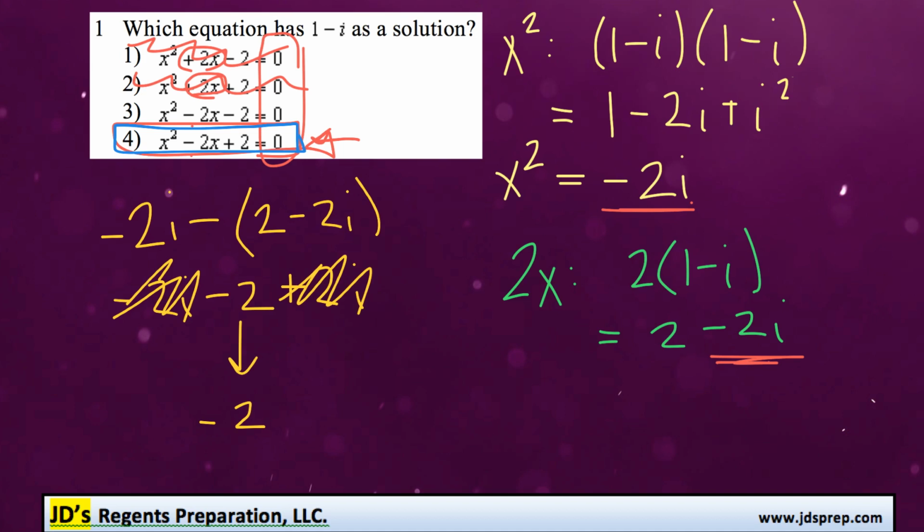And by the way, if you're curious, there was a second method you could use to solve this problem, and that would be to realize that if 1 minus i is a solution to this equation, then 1 plus i has to be another.